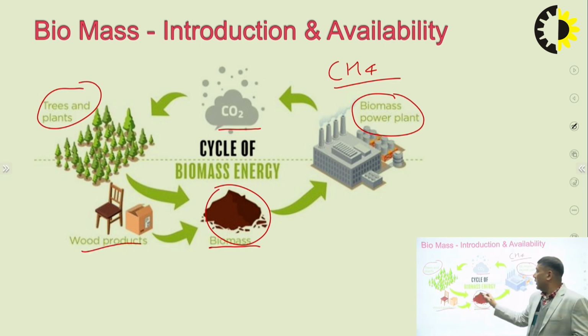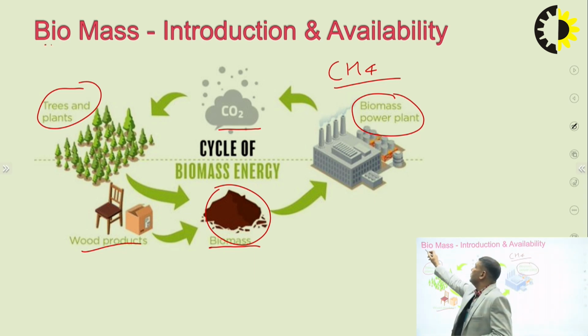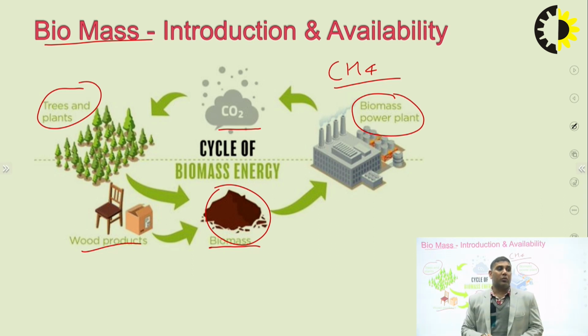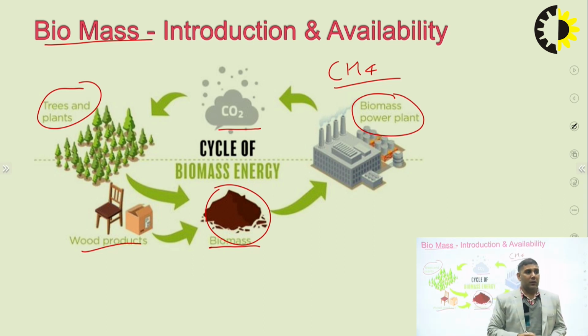So this is basically the cycle of biomass energy. So you can say we are converting energy from one form to another form, and this all is naturally available. So that's why this biomass energy comes under renewable source of energy.